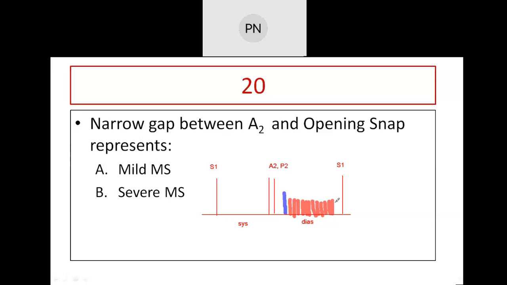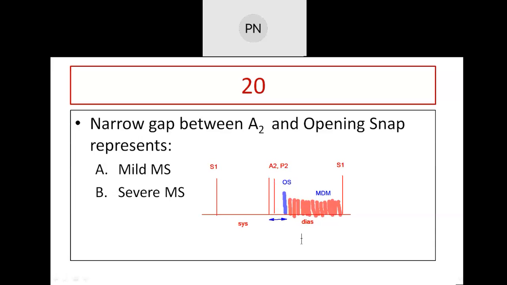So this is how the murmur typically looks. Now the gap in question is this gap. The dark blue line is the opening snap, and these red lines indicate the mid-diastolic murmur. This is also known as a graphical representation of auscultatory findings in mitral stenosis.